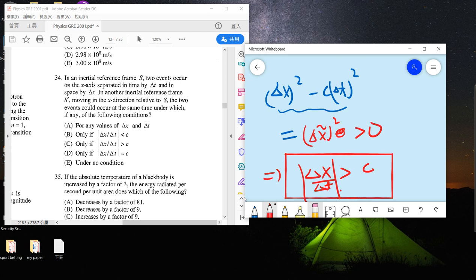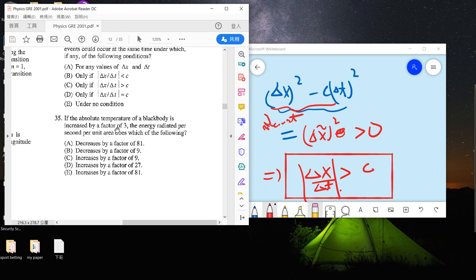This is called space-like events, because space is much larger. So the answer is C. Or basically you don't have to know anything; all you need to know is this interval is invariant under the Lorentz transformation.